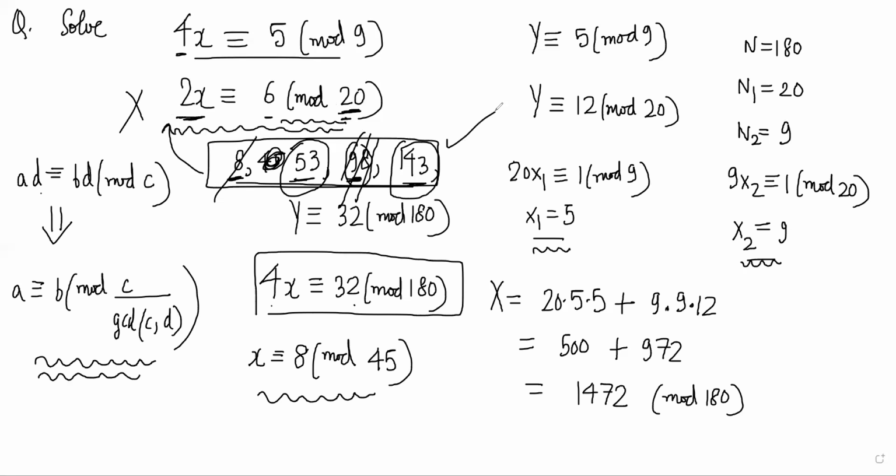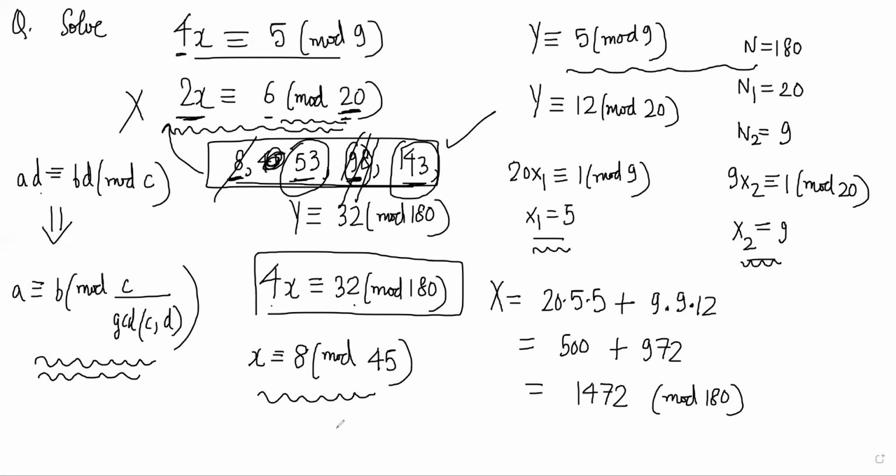Again, it is correct. This also fits both. So from this method we are getting extra solutions, 4 solutions if we look at mod 180, out of which 2 are correct and 2 have to be ignored.